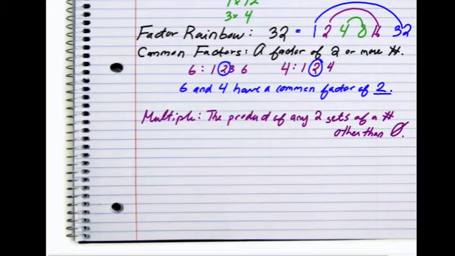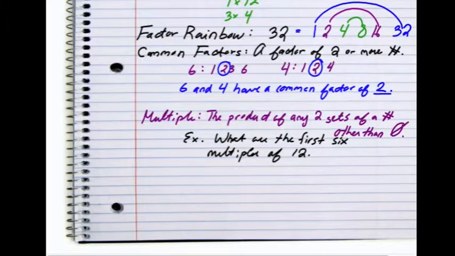And an example would be, what are the first 6 multiples of the number 12? Well, the first multiple of 12 is 12, and then 24, and then 36, and then 48, and then 60, and then 72.